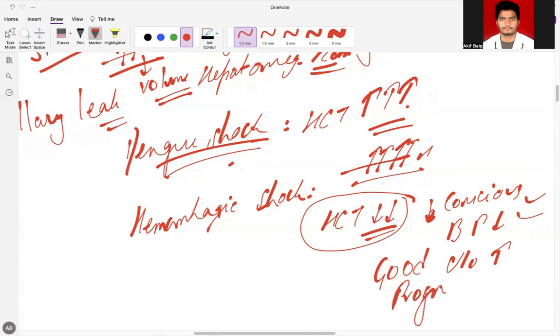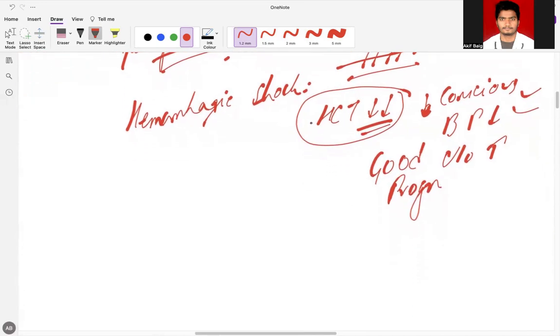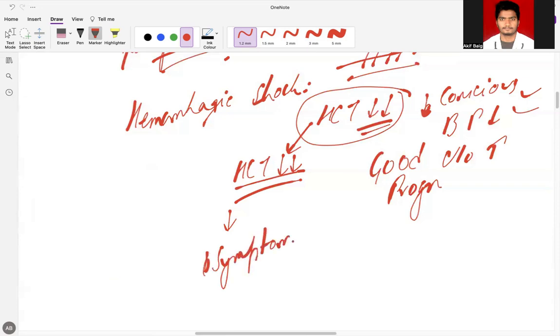But sometimes what happens is that even after giving IV fluids, you will persistently see that hematocrit is decreasing, but the patient will be very much symptomatic. That means there is no improvement. BP will be falling down, the patient will get more and more drowsy, urine output is decreasing.